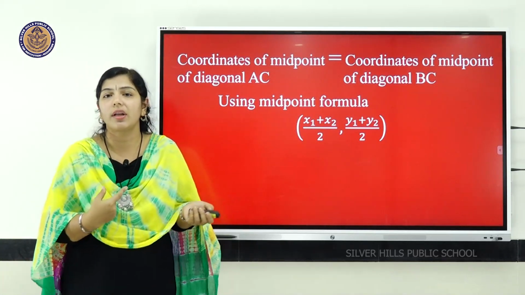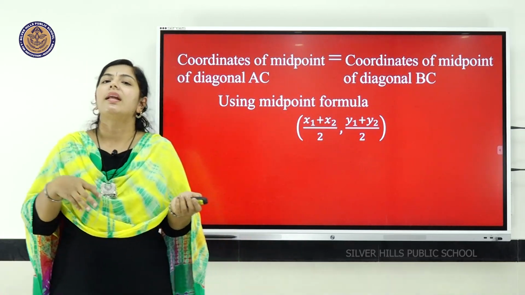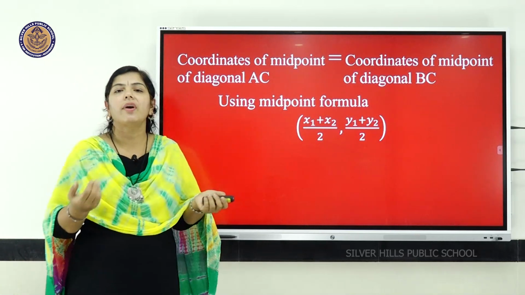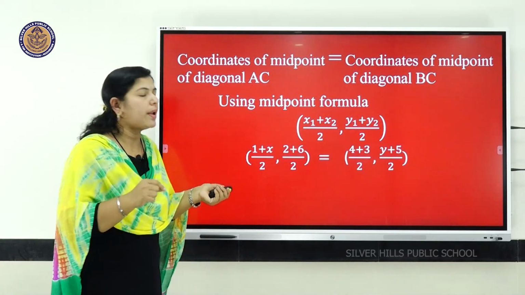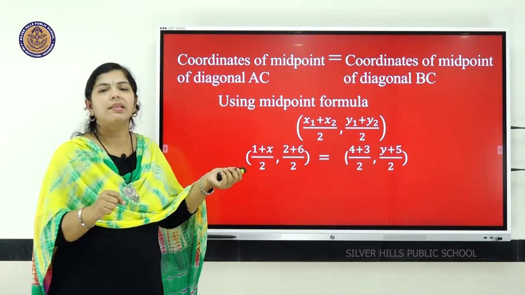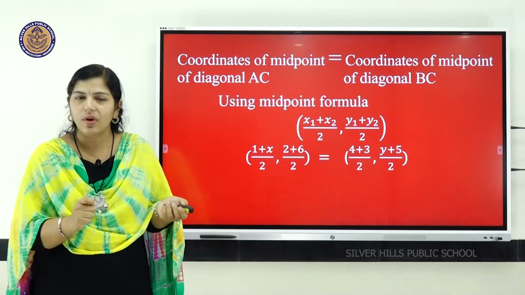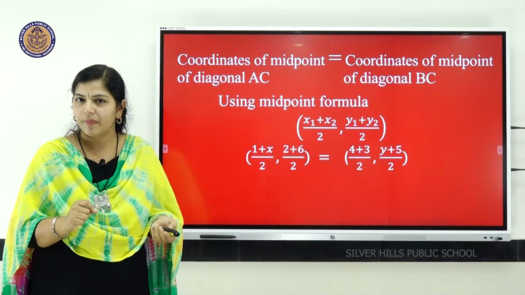We know the coordinates of each vertex, so we substitute here. It becomes 1 plus x whole divided by 2 comma 2 plus 6 whole divided by 2, that is the x coordinate and y coordinate of diagonal AC.